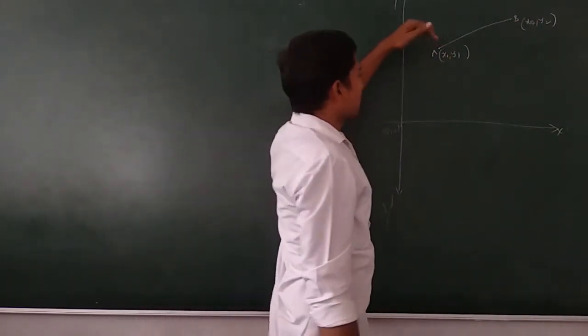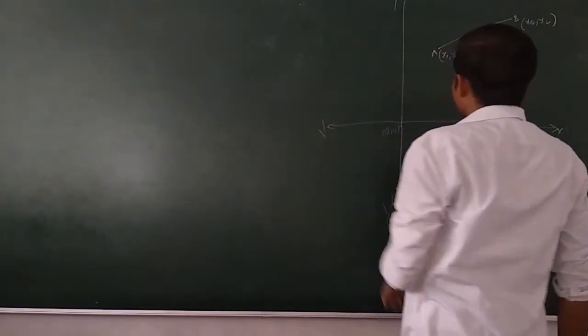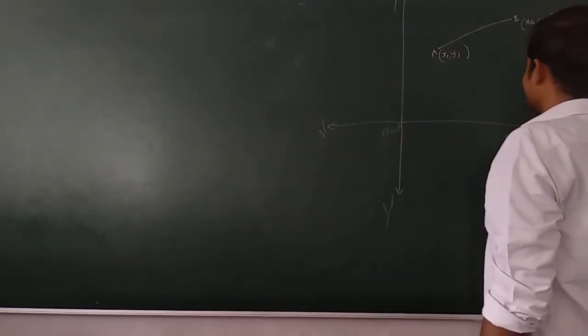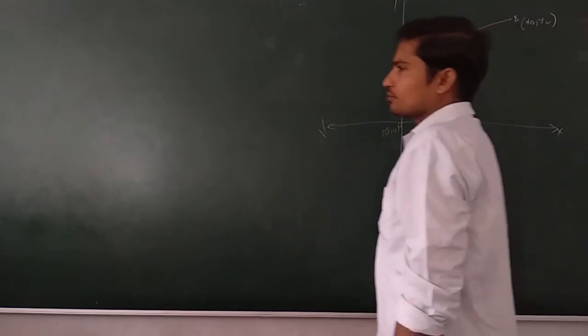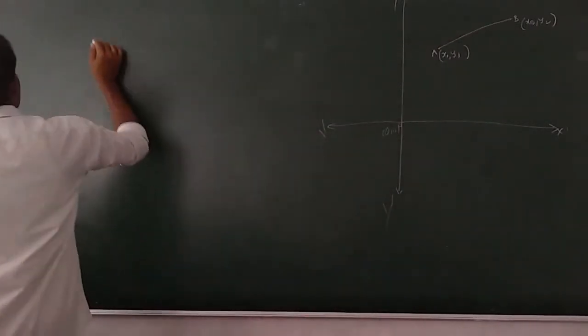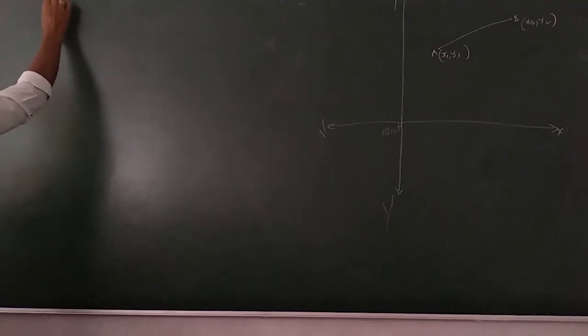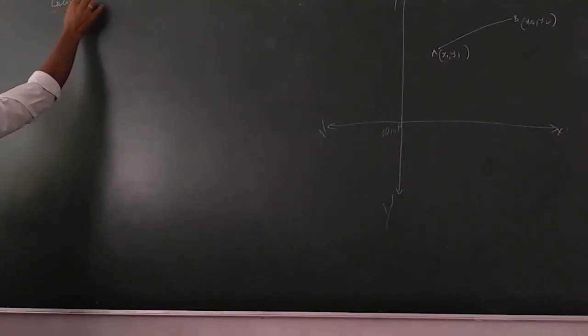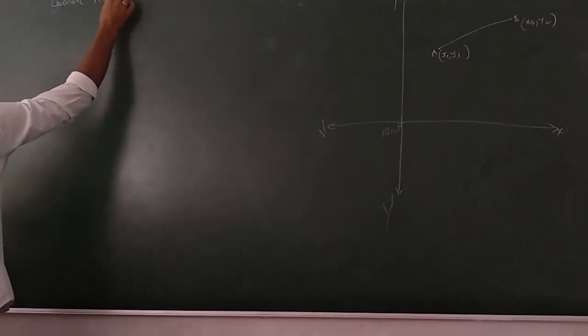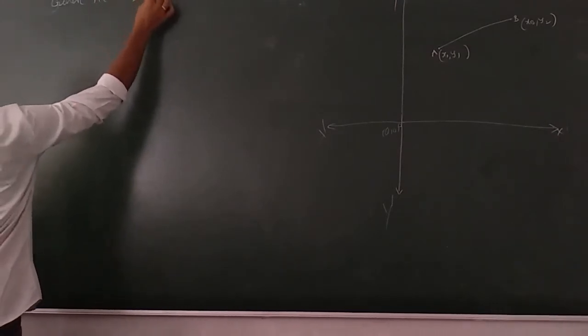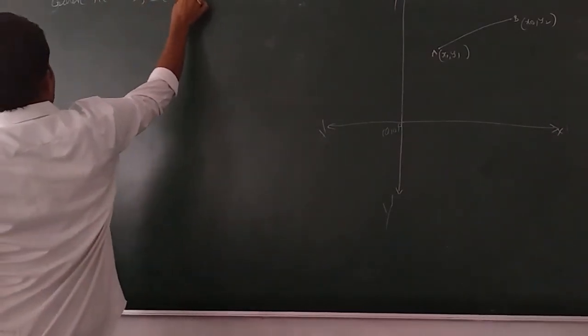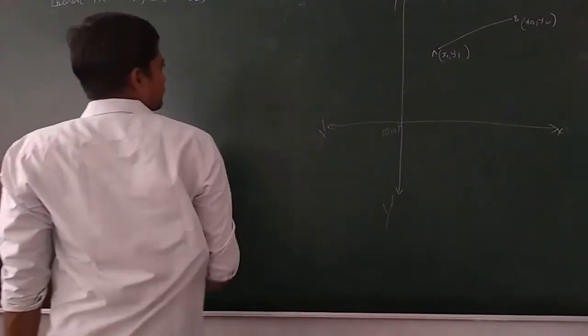See, first we have to drop a perpendicular to the x-axis from A and B. Given A (x1, y1), B (x2, y2).